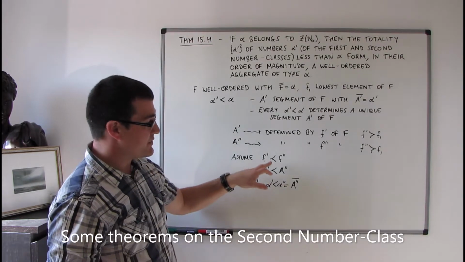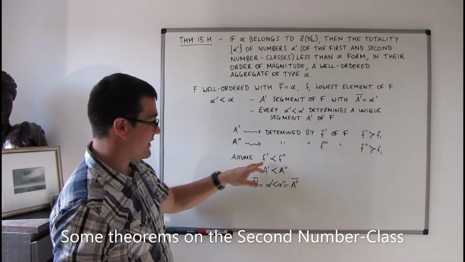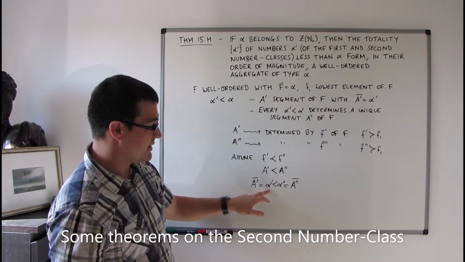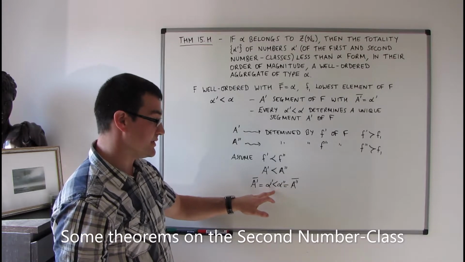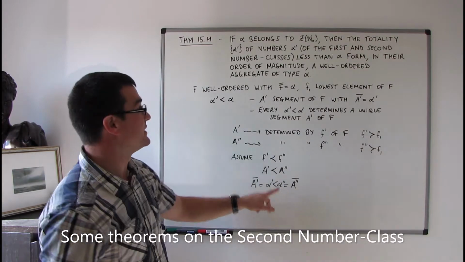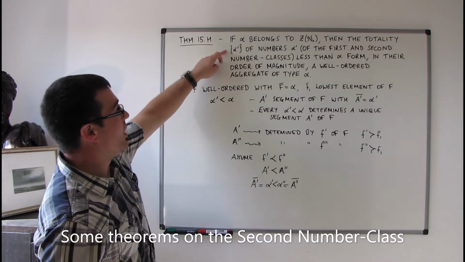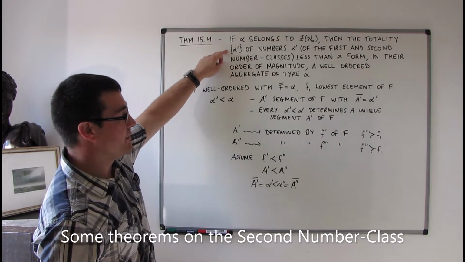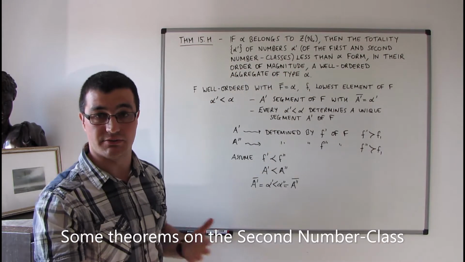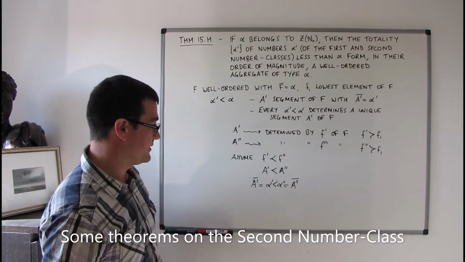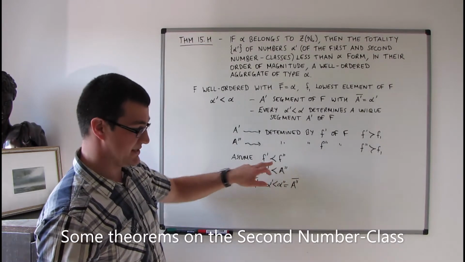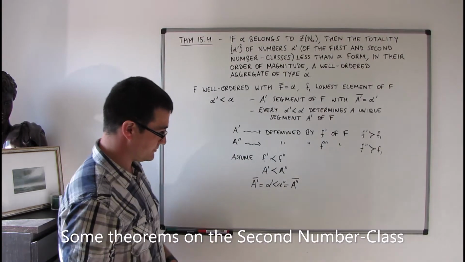Not only that, it preserves the ordering. So if f' precedes f'' in F, then alpha prime is going to precede, or be less than, alpha double prime. The ordering that we place on this aggregate is just their order of magnitude, so less than or greater than, rather than just the more general simple ordering symbol.